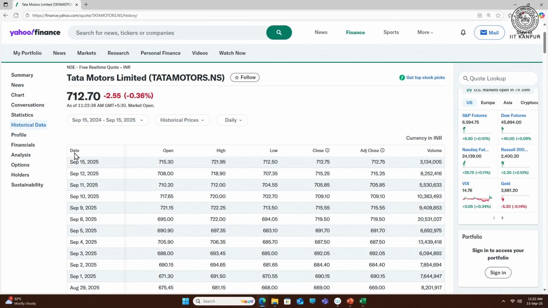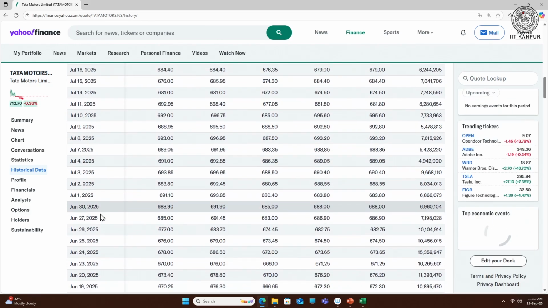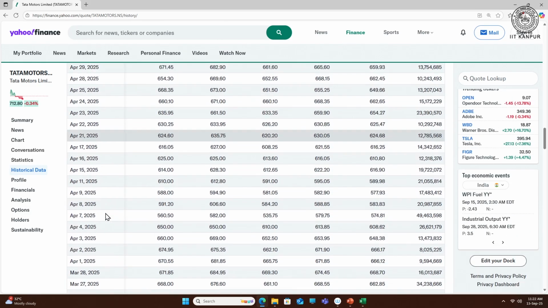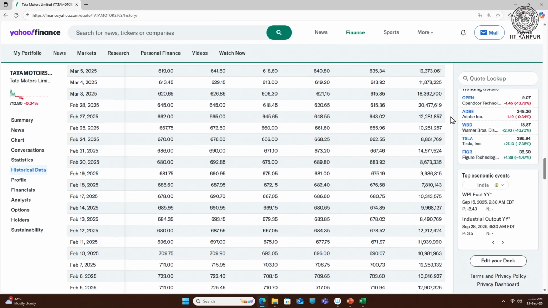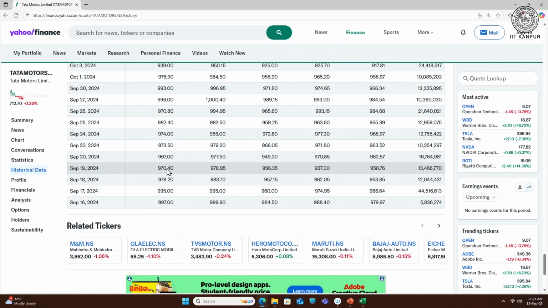The date is 15th and it goes on, and it starts from September 16, 2024 till 15 September 2025, which is 1 year of data.